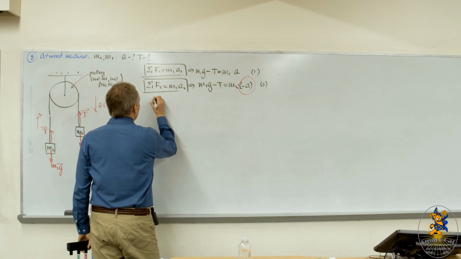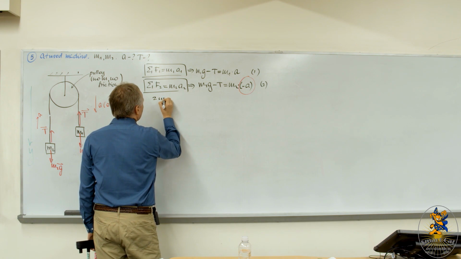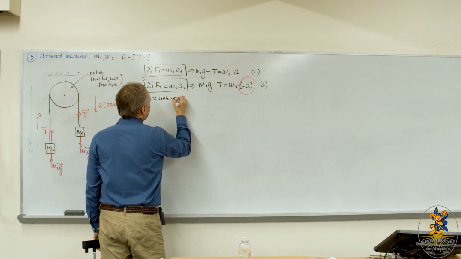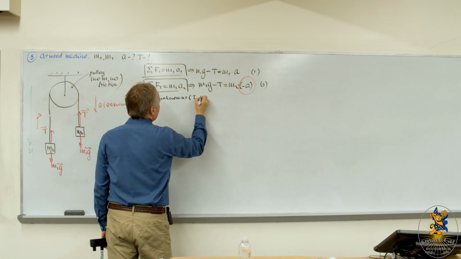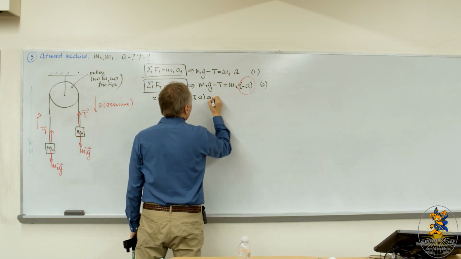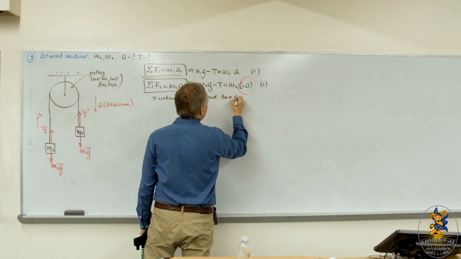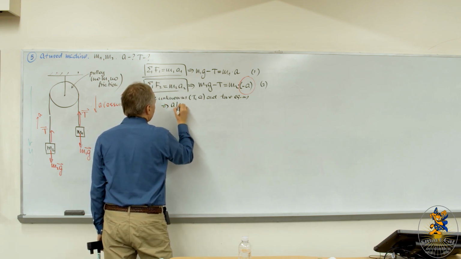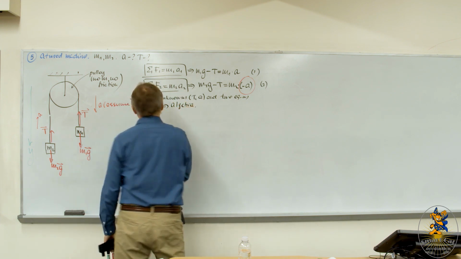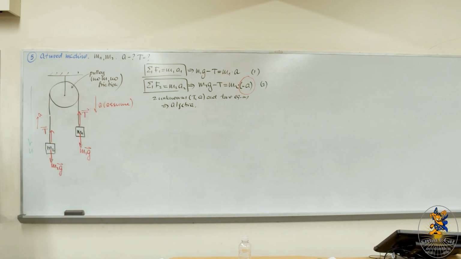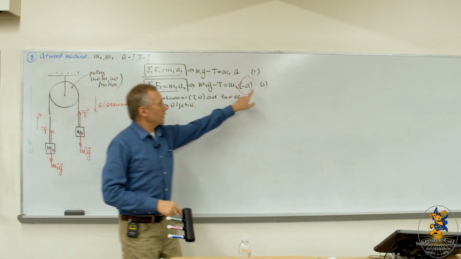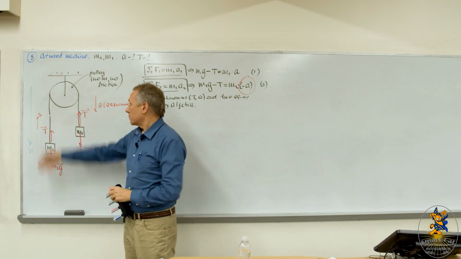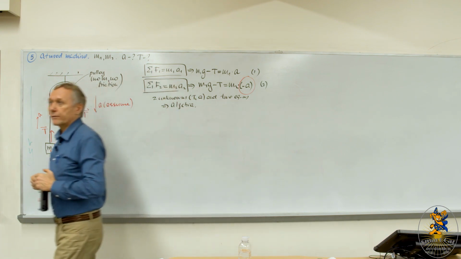Right? So two unknowns, tension and acceleration, and two equations. So physics is over. The rest is algebra. Again, the goal was to emphasize that, and again, practice the free body diagram.